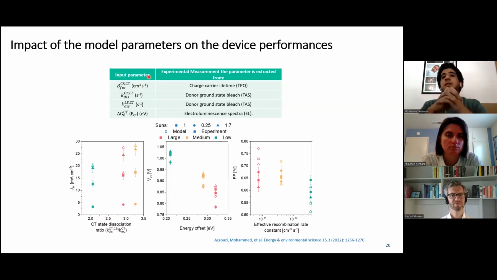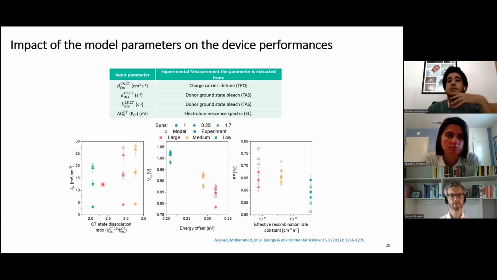So the question then is, okay, we managed to do all of this fitting, all of this modeling. What can we learn from it, or what's the plus value from having this? The first thing that we can extract is looking at which model parameters strongly impact the device performance, JSC, VOC, and fill factor separately.